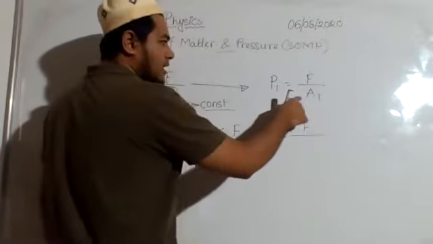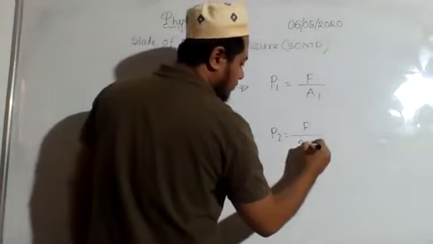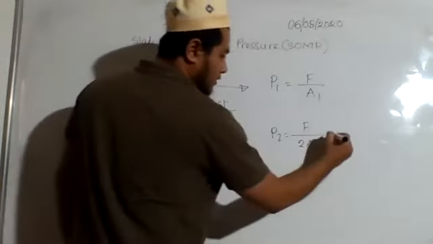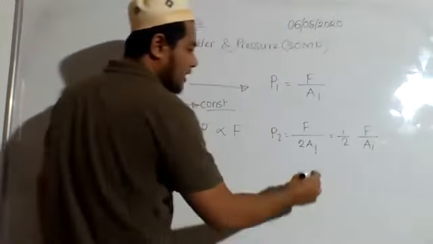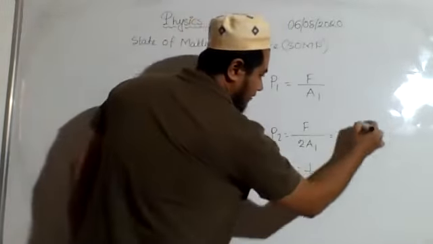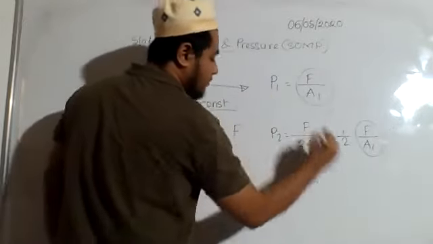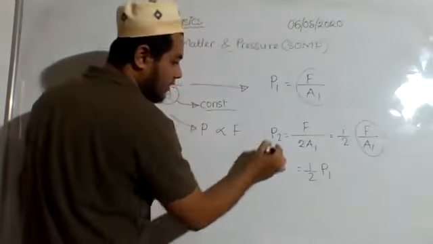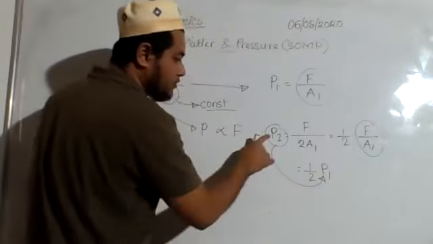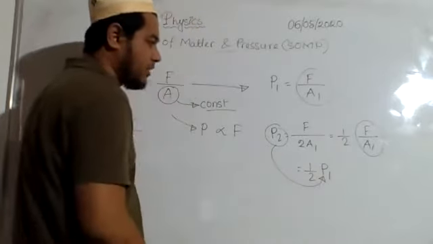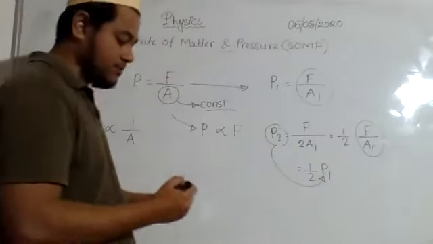Let us say I have doubled the area, so A1 will become 2A1. So I can write half into F by A1. Now this F by A1 can be replaced by P1, because this is the value of P1. So what is the relationship you can notice between P2 and P1? P2 is half of P1, right? When you double the area, the pressure becomes half. Okay?